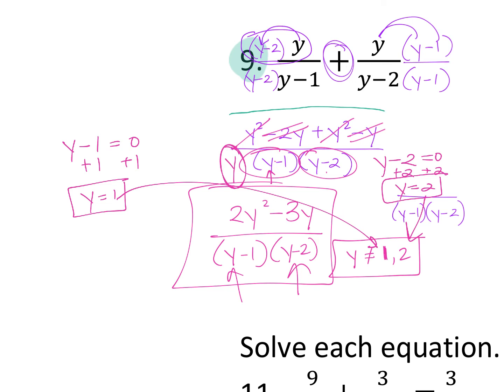You're saying from right here, how did I get to here? So it was y squared plus y squared. So that's 1y squared plus 1y squared. So you get 2y squared, right? That's this one. And then this is negative 2y minus y. So negative 2y minus 1y is a negative 3y.